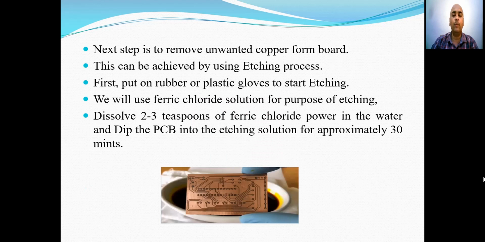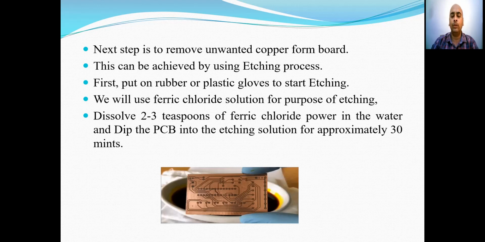Next step is to remove unwanted copper from board. This can be achieved by using etching process. In order to start etching, first put on rubber or plastic gloves. We will use ferric chloride solution for the purpose of etching.